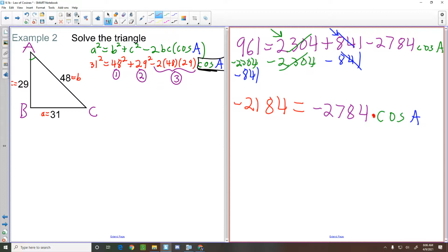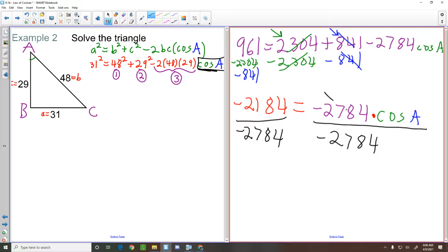So what we need to do from this point to get rid of that last term is division. I need to divide by negative 2,784. Negative 2,784. So that these both cancel out. Divide by negative 2,784. And we get a decimal, 0.784448.